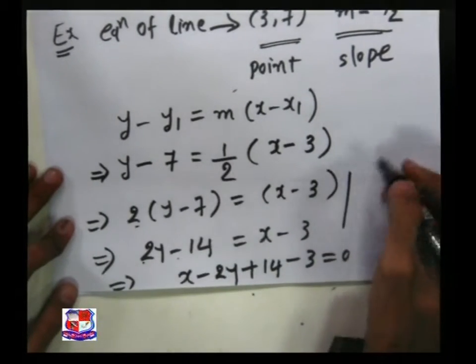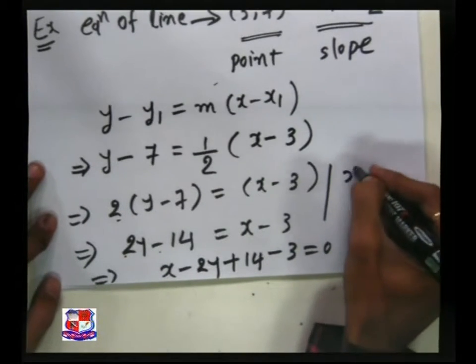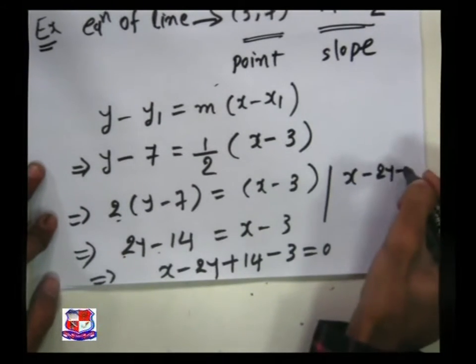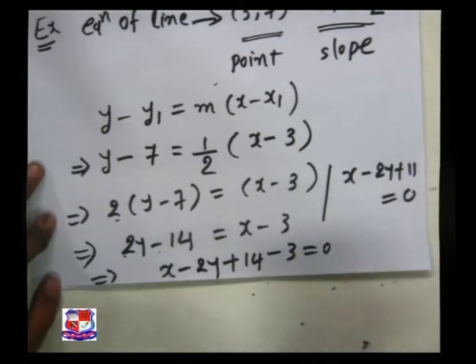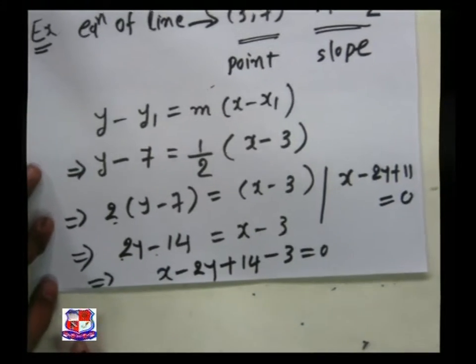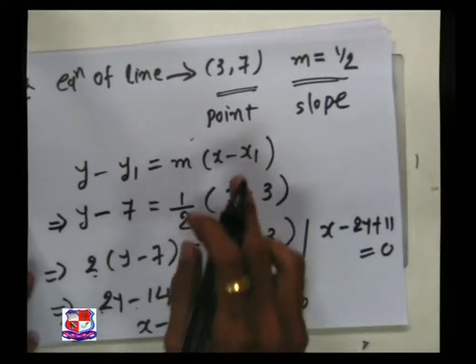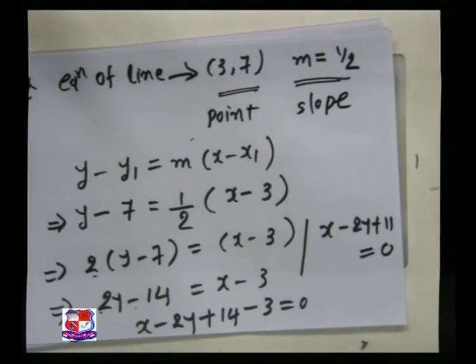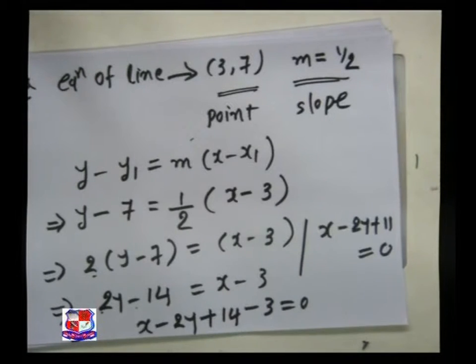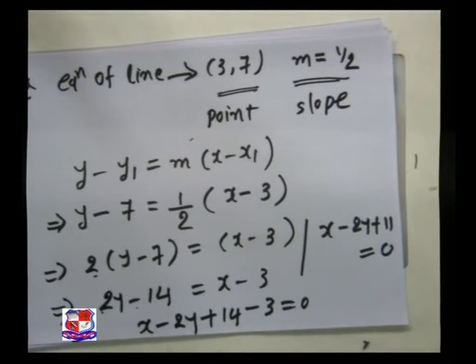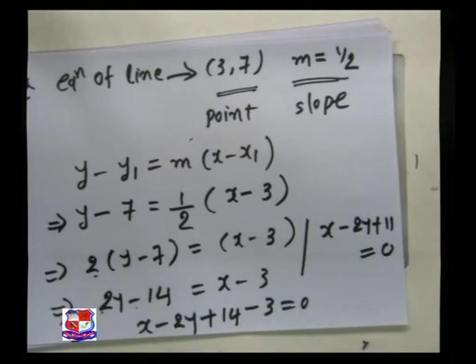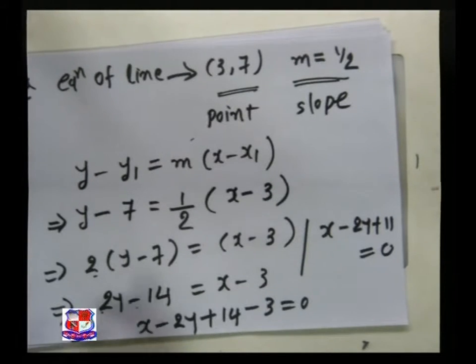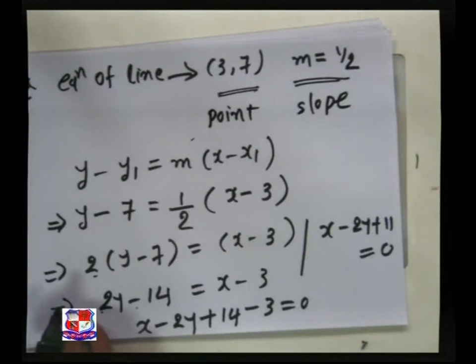And by simplifying, we will get the equation x minus 2y plus 11 is equal to 0, which is the required equation of line passing through (3, 7) and having slope m is equal to 1 by 2. So in this way we can find the equation of line using the point slope form.